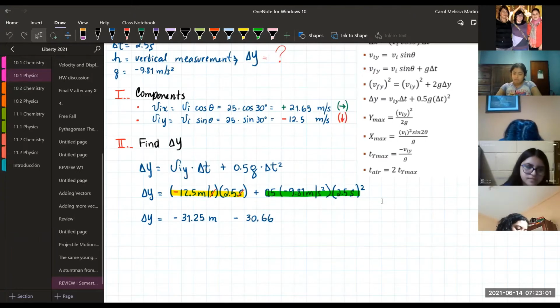And the units are, take a look, these seconds are raised to the second power, so they are second square. These second square are going to be cancelled with this second square, so the remaining unit will be just meters. And now, in the last part, you could just perform the addition of the two negatives. It's going to give you a negative answer. Negative 61.91 meters.